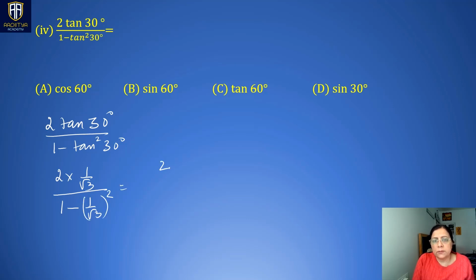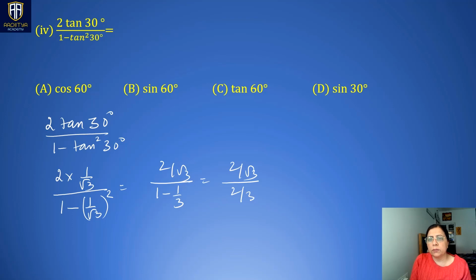So we simplify this as 2 by root 3 divided by 1 minus 1 by 3. So we have 2 upon root 3. 1 minus 1 by 3 is 2 by 3. Now we flip this: 2 upon root 3 multiplied by 3 by 2. So the 2 cancels and this reduces to root 3. Now we have got root 3.